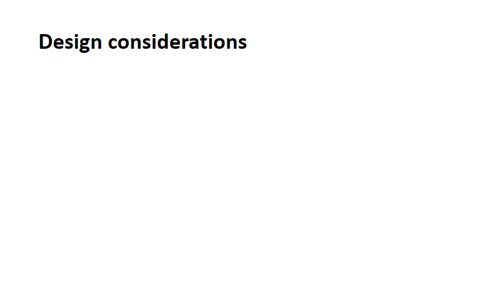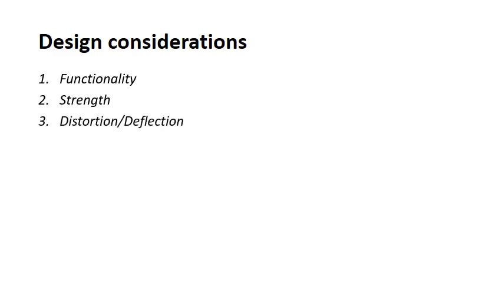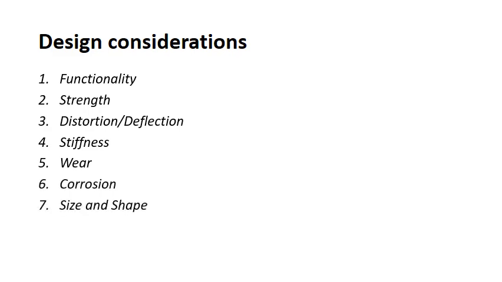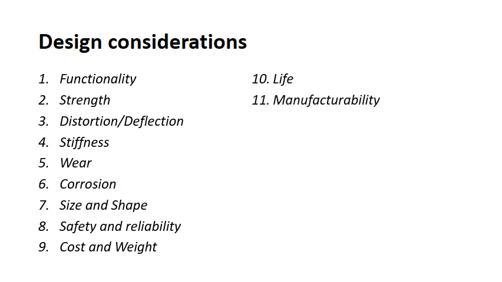One cannot design a product or a device without due regard to the parameters that influence design. So we must know those parameters. To name a few, first one is the functionality, which will influence the design, the strength of the material that is used, distortion or the deflection, the amount of deformation due to the applied load, stiffness, wear, corrosion, size and shape, safety and reliability, cost and weight, life, manufacturability, and maintenance.